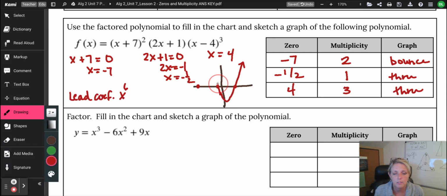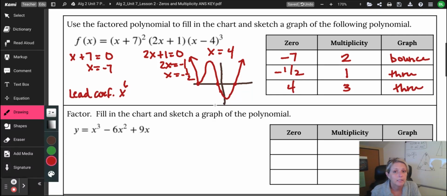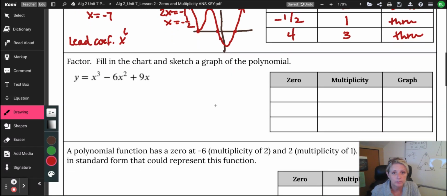It's going to go through here as well. And then it's going to have to bounce. So that means we're going to have to go back up again. And remember, my degree was even, so the right and left end behavior should both be in the positive direction. Okay, and you can graph that in Desmos if you would like to verify how that looks.